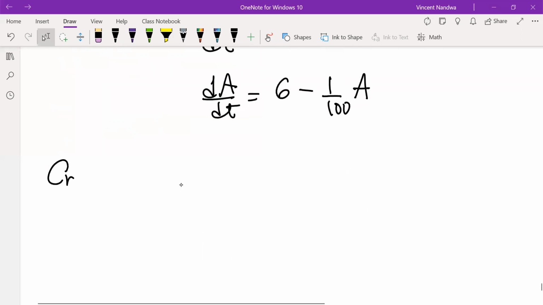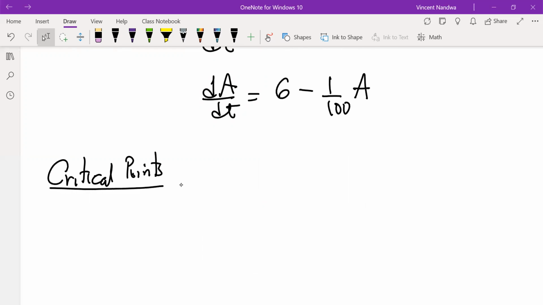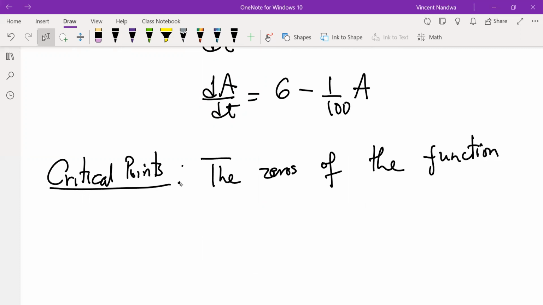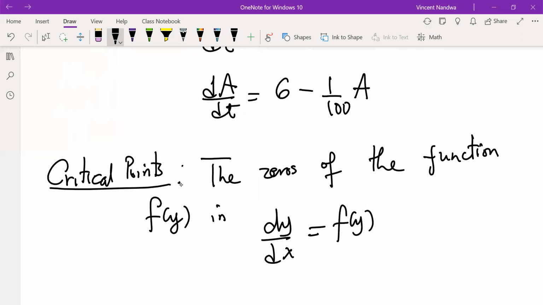Now, there's what we call critical points. The zeros of the function f of y in this differential equation dy/dx equals f of y are called critical points.